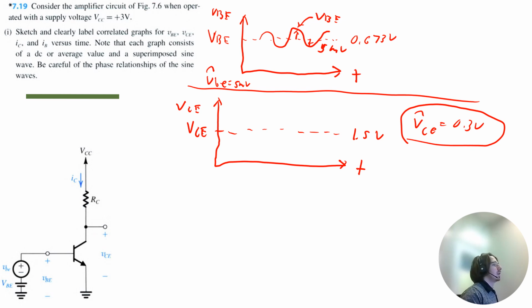So we'll have something like this. So the amplitude is 0.3, which means our peak value is 1.5 plus 0.3, so 1.8 volts, and then our minimum value is 1.2 volts.